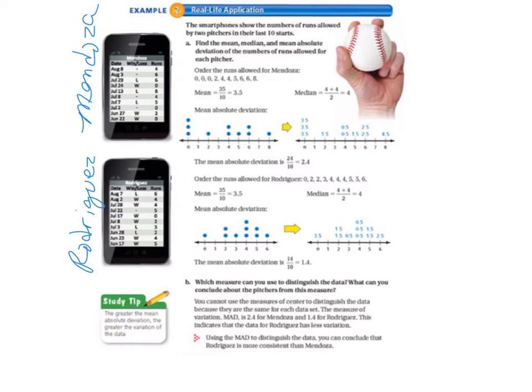So letter A says find the mean, median, and mean absolute deviation of the numbers of runs allowed for each pitcher. So the first step is order the runs allowed for Mendoza. So they've done that for you. So they just put those in order.